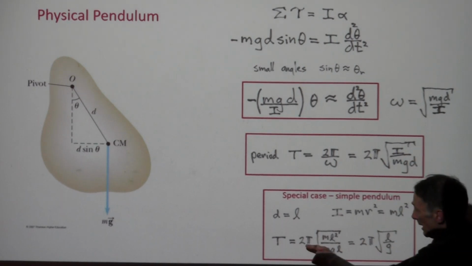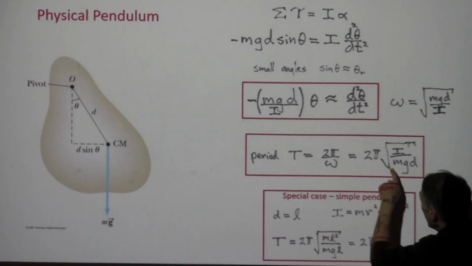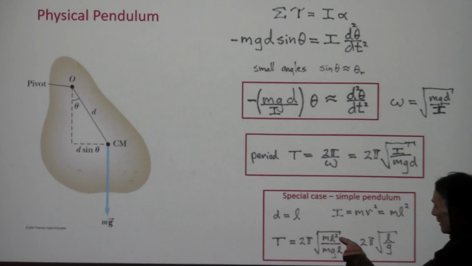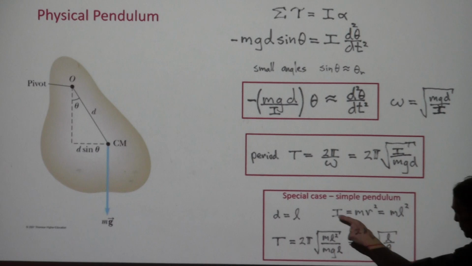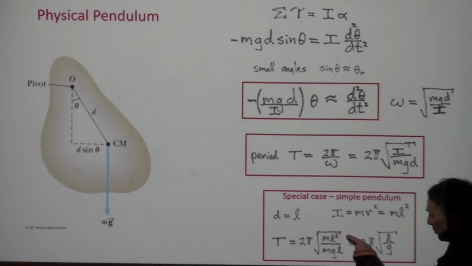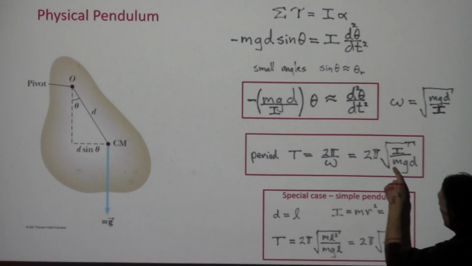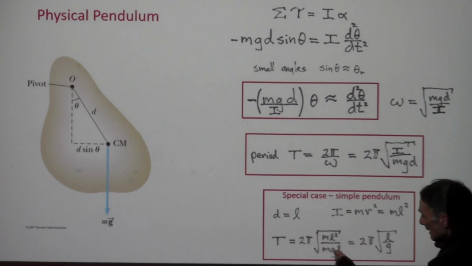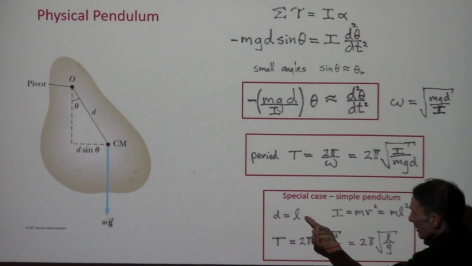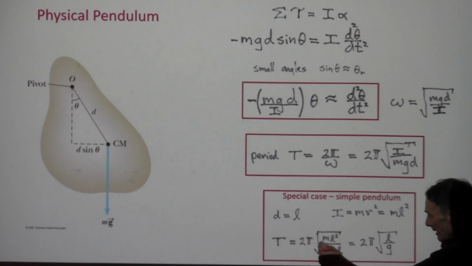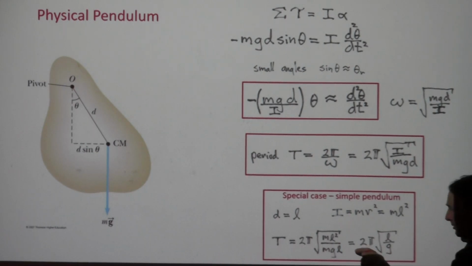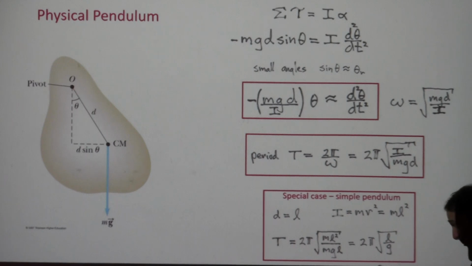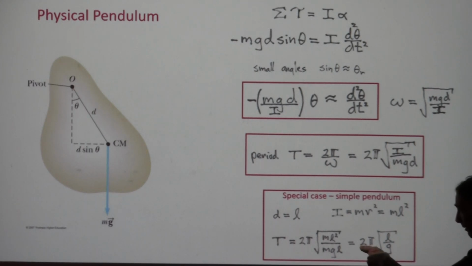We should say that it's going to be 2 pi square root of, we're going to have I, which should be equal to m L squared. Down here we've got mgd. d was equal to the length of the pendulum. The m's drop out, one of the L's drop out. We end up with the equation, again for small amplitudes, of the period of a simple pendulum.